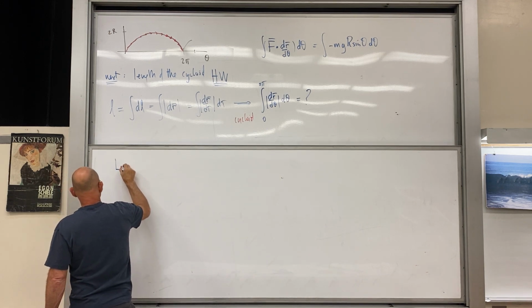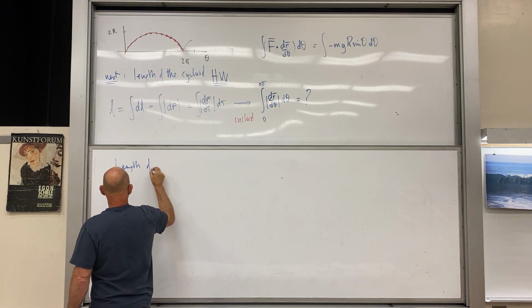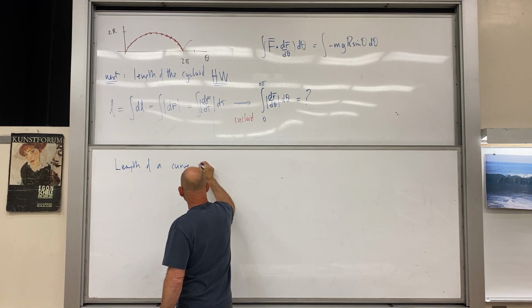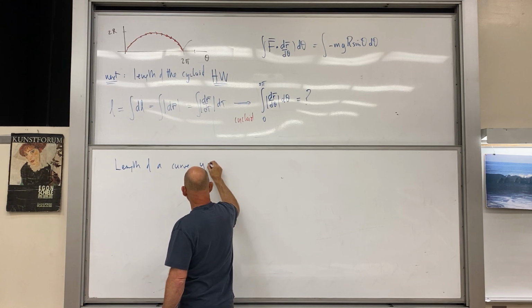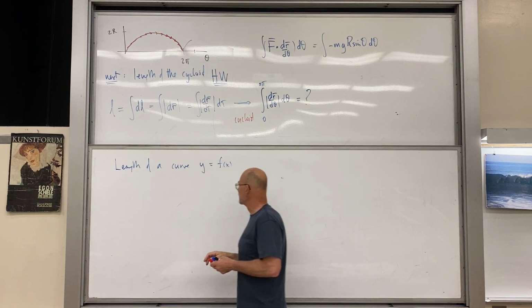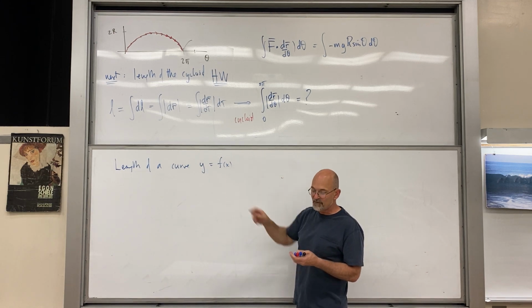So this one we're going to call length of a curve. In this case, it's going to be when we have y equals f of x. So this is a restricted version of a parametrization.